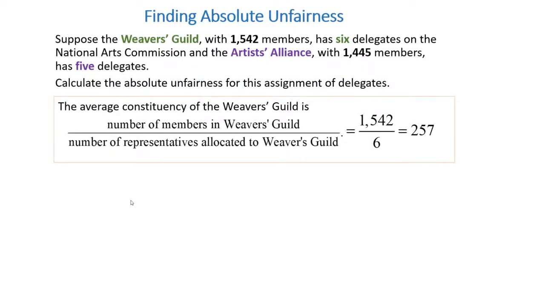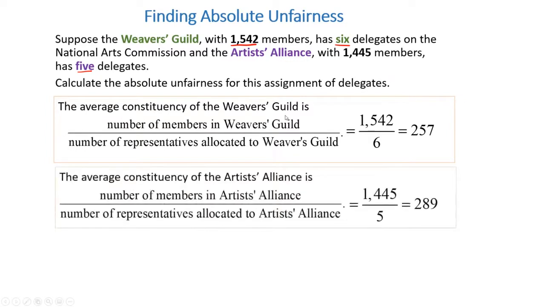Let us consider Viewers Guild and Artist Alliance. We are given the population and the number of delegates, 6 and 5. First we find the average constituency, population divided by the number of delegates, for Viewers Guild and for Artist Alliance.